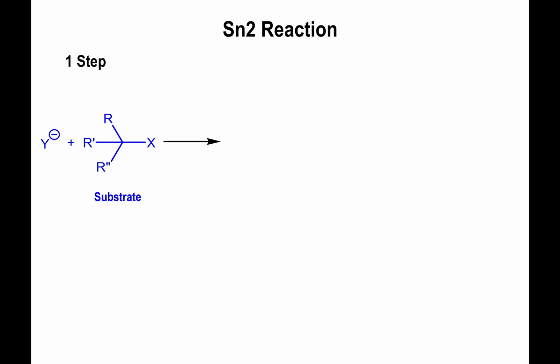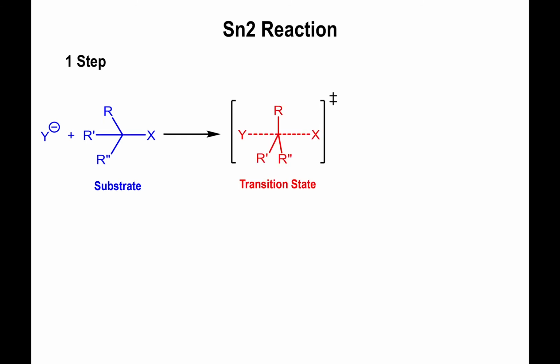And for you to have a more ordered transition state and undergo this process of exchanging the leaving group with the nucleophile Y minus, the only way you can make those two things happen in the course of this reaction at the transition state is if the nucleophile partially begins to form a bond with that electrophilic carbon and the leaving group partially begins to break the bond that it has to the very same electrophilic carbon.